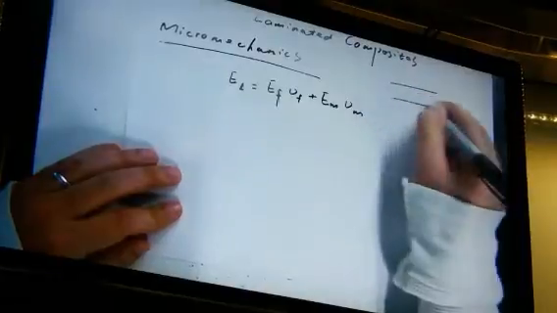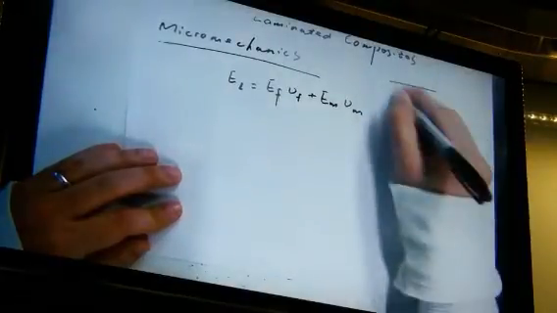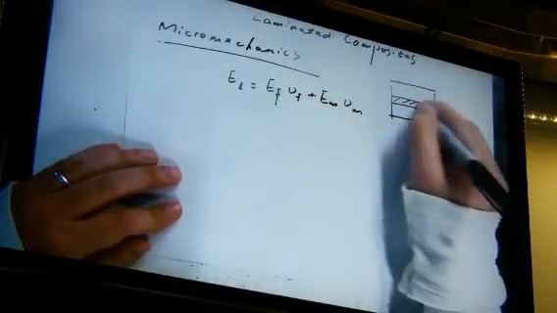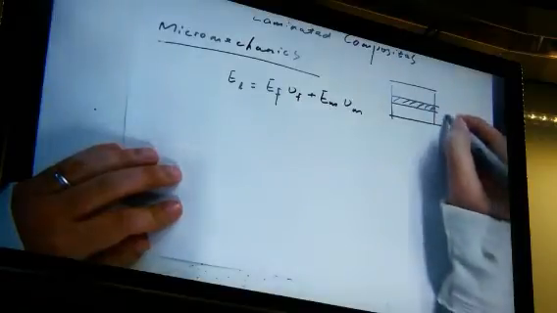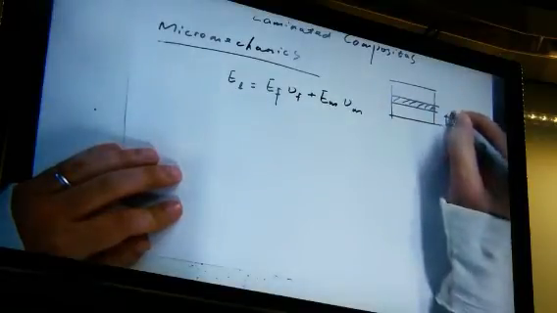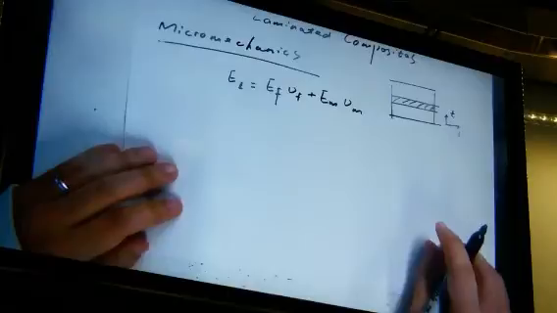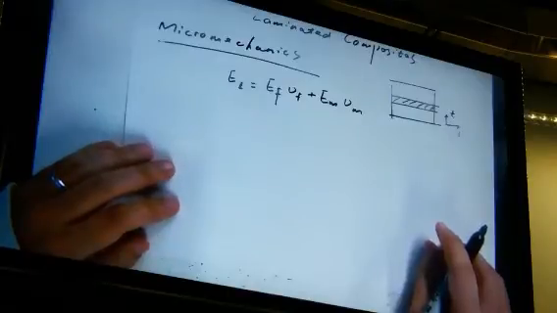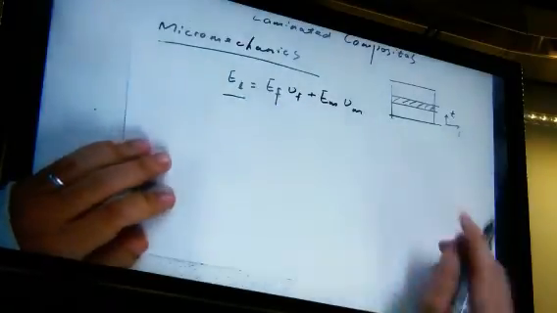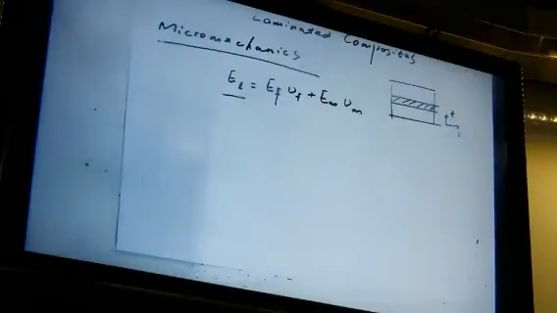If this is a composite, and this is a filament, and this is the L direction, this is the T direction. L means longitudinal, T means transverse. E_L means the modulus of this composite along the longitudinal direction.